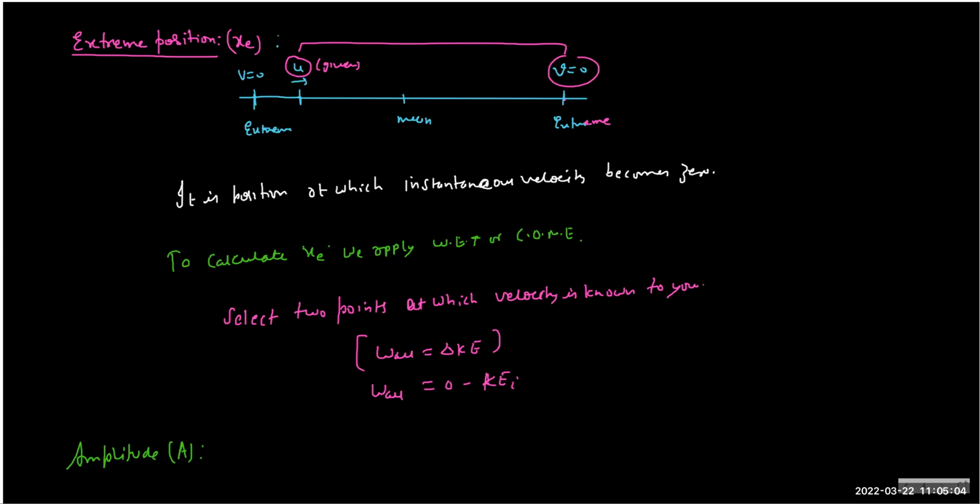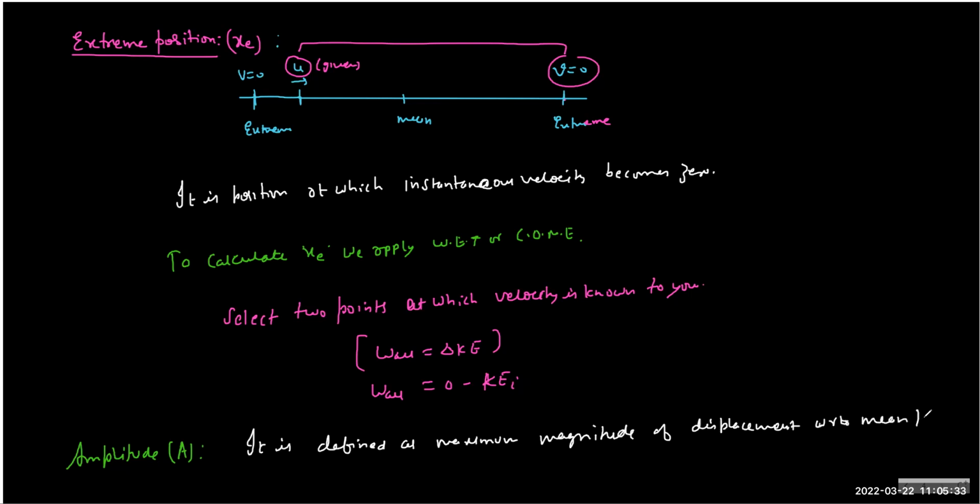If you want to put it into literature, you can write: it is defined as the maximum magnitude of displacement, because it's a scalar, it's just a value, with respect to the mean position. That's simple.